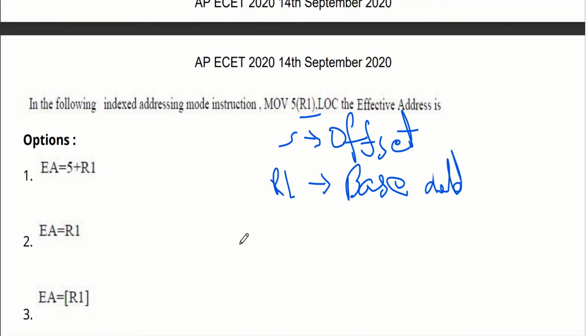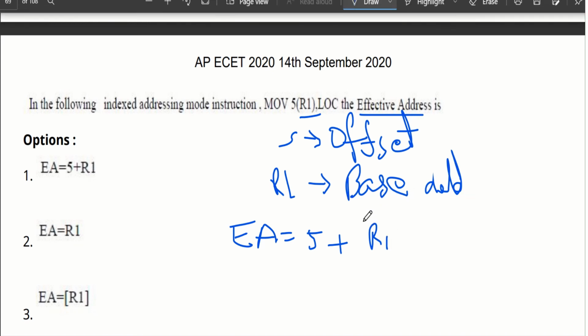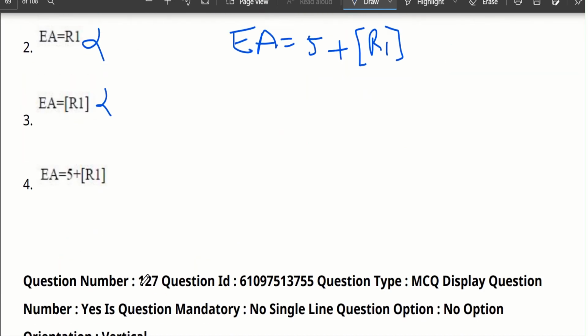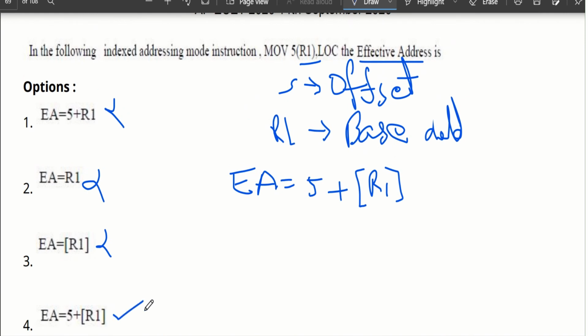It is asked for the effective address, let's call it EA, and it becomes 5 plus R1. But the base address should always be in square brackets. So this is not the correct option, this is not the correct option, this is not correct. Here it is the correct option.